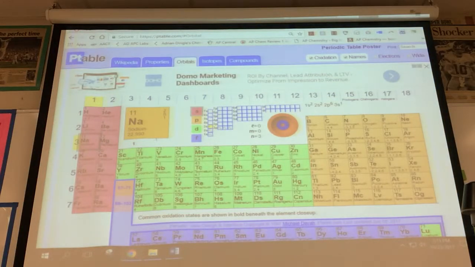So if you have a sodium ion and a magnesium ion, to find what they're isoelectronic with, you're going to go all the way across and up one, and you will find that that works. So if you have a potassium ion and a calcium ion, those ions will be isoelectronic with argon. If you had a cesium ion and a barium ion, what would those ions be isoelectronic with? Xenon.